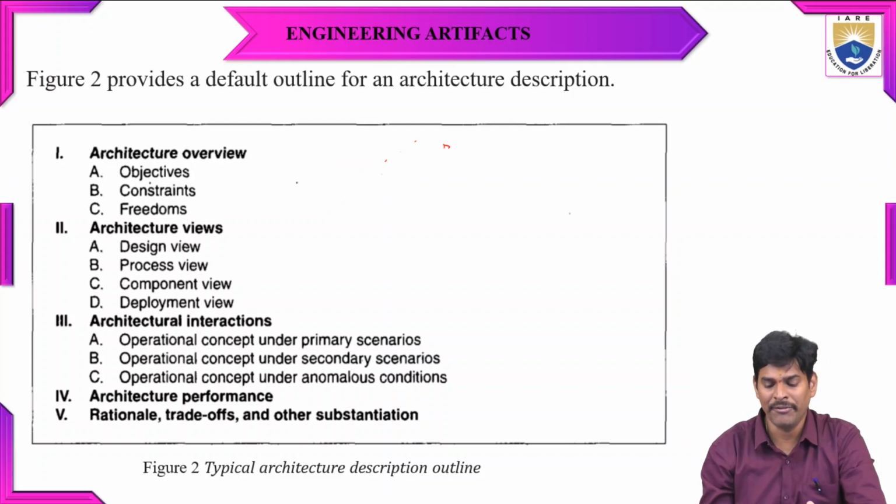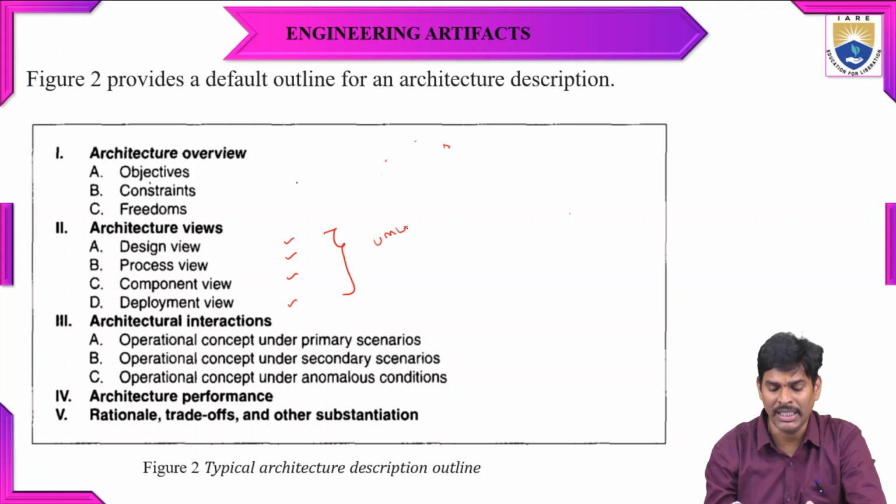And also architecture views. In the architecture views, we can have the design view, process view, component view, and deployment view. These come under the UML diagrams. So there we can check what is the design view of the architecture, and the process, component, as well as the deployment views here.